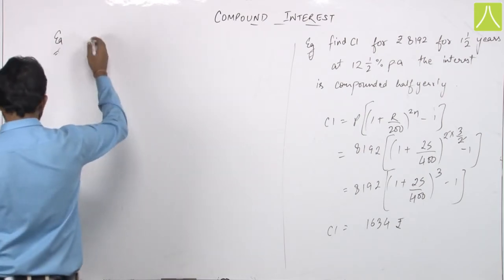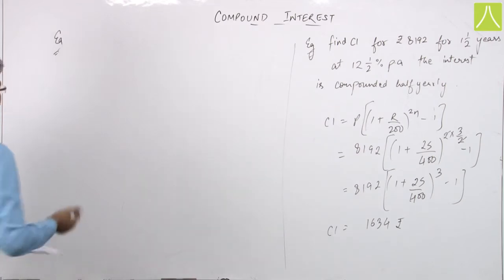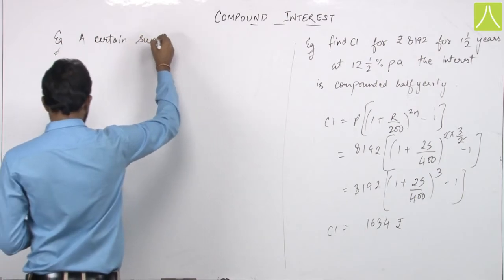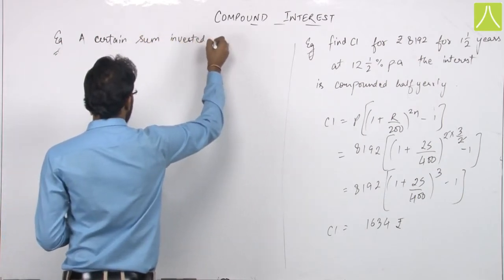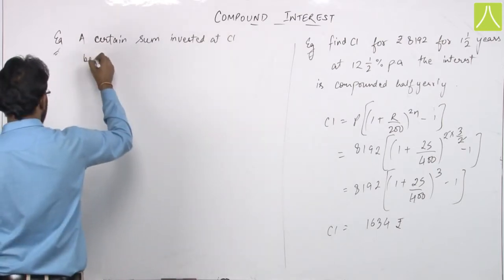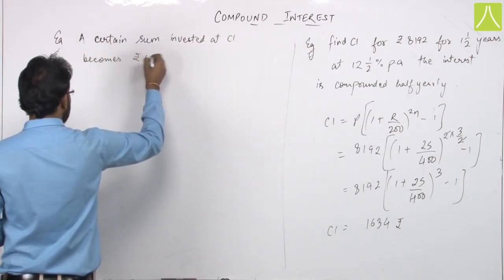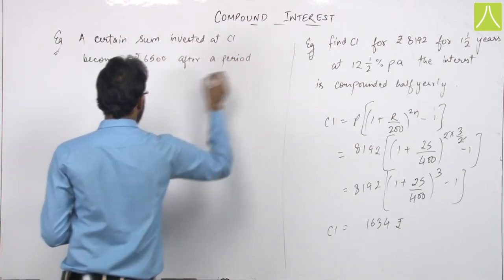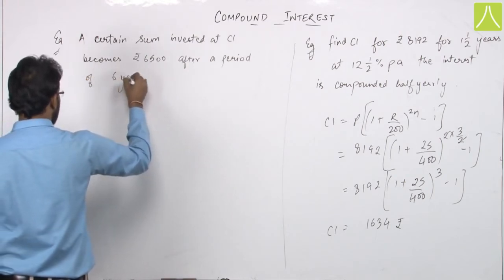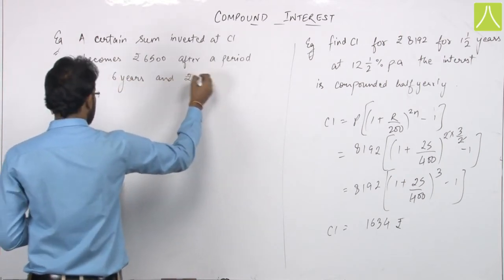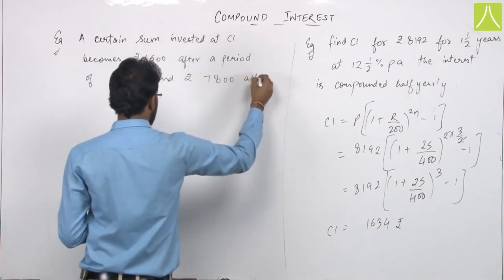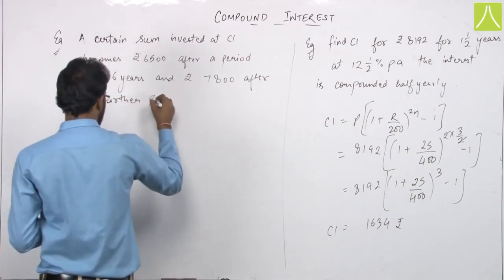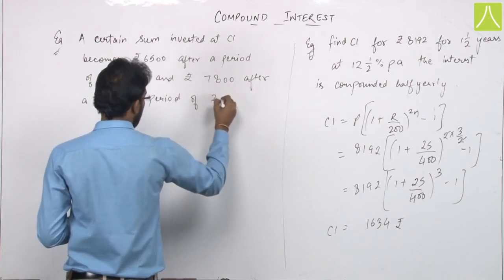Let us see another example which has come up in various types of Olympiads before. A certain sum invested at compound interest becomes rupees 6500 after a period of 6 years and rupees 7800 after a further period of 2 more years.